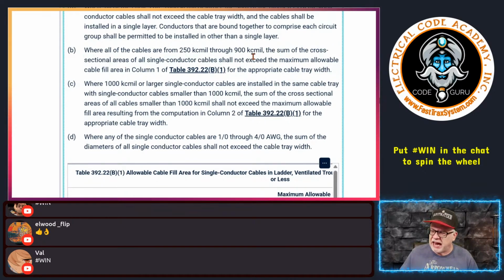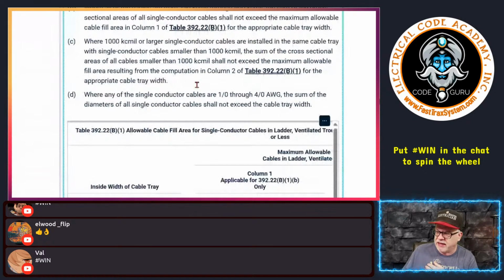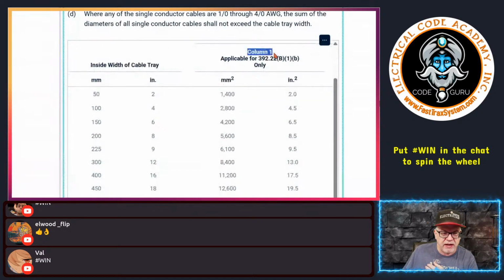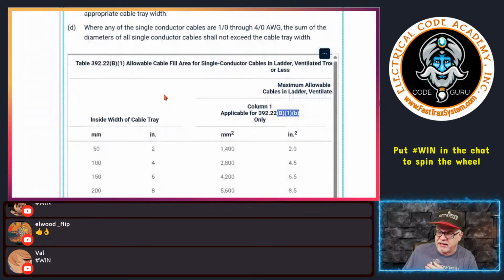And when you do that, the difference is that with raceway fill we're looking at Chapter 9, Table 1. Well, here we're not. Here we're looking at column 1 of Table 392.22(B)(1), which is right here, and this says 392.22(B)(1)(b), and that is what we're working with.